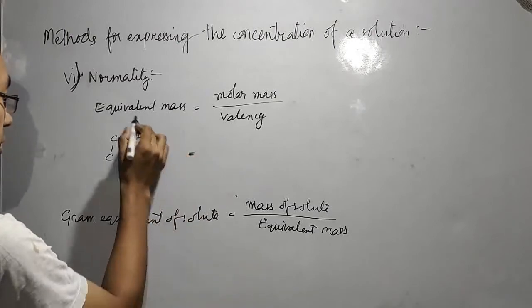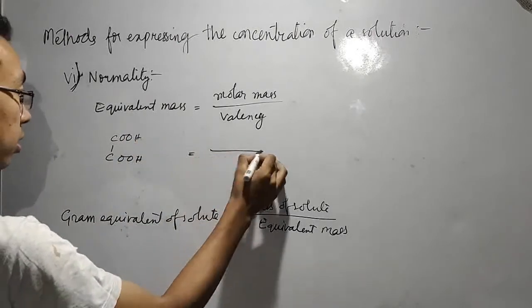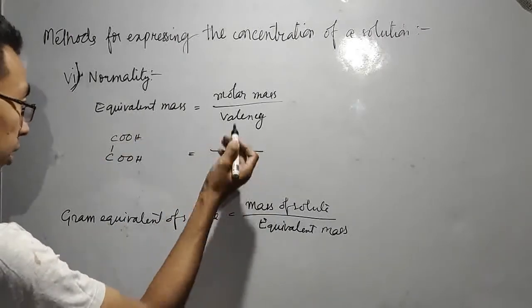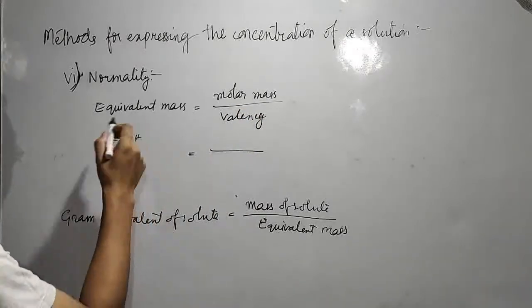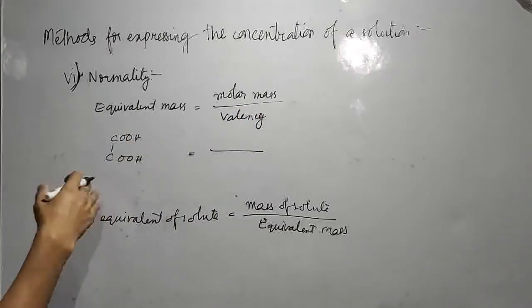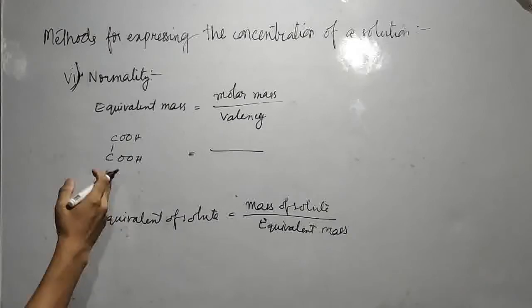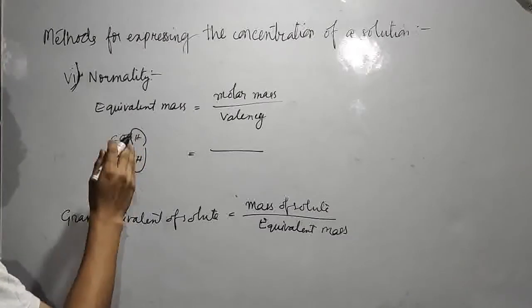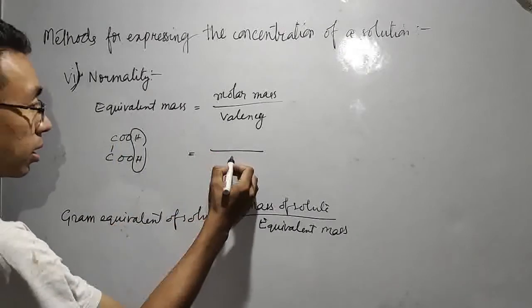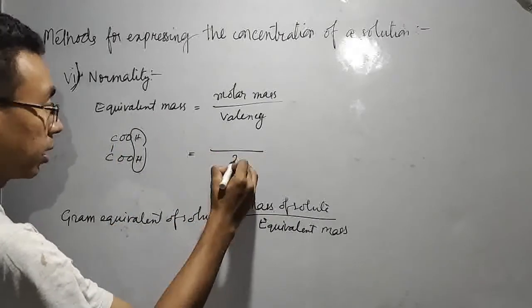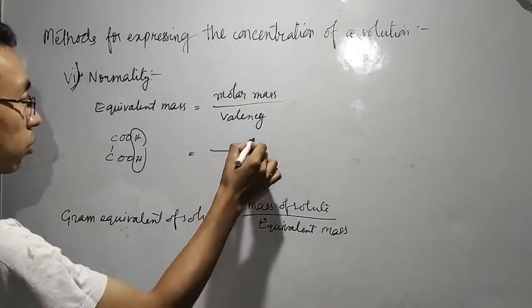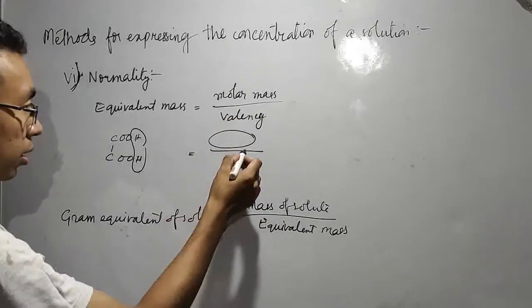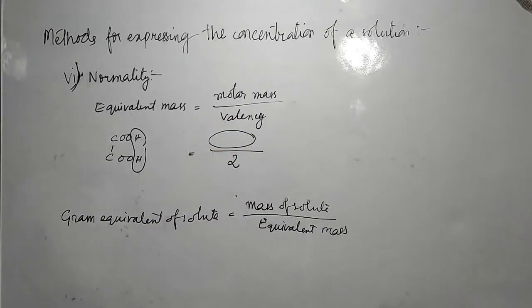You find the molar mass of this one, and the valency or acidity will be how many hydrogens can be lost from this acid. It can lose 2 hydrogens, so the valency or acidity will be 2. You put the molar mass here, solve it, and that will be your equivalent mass.